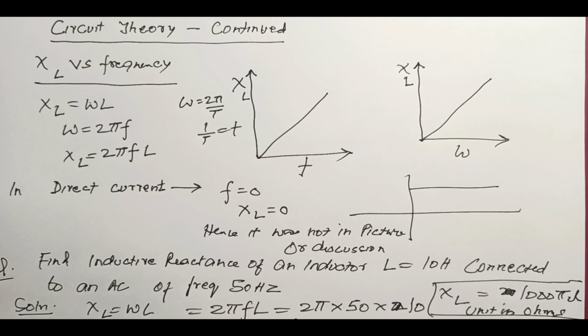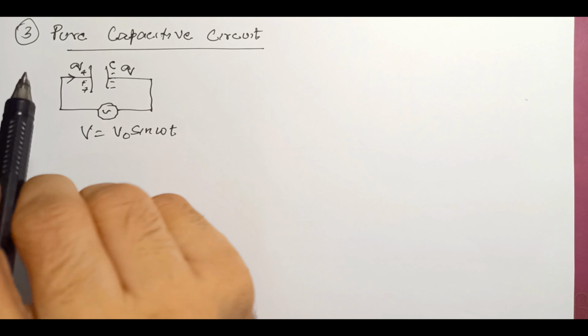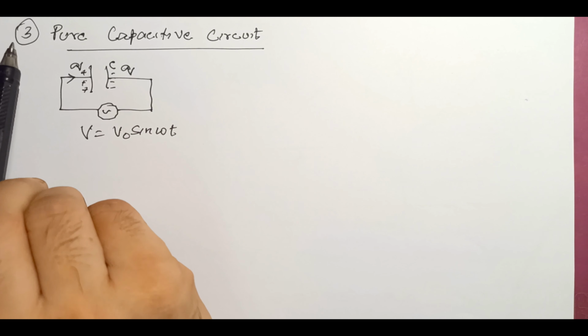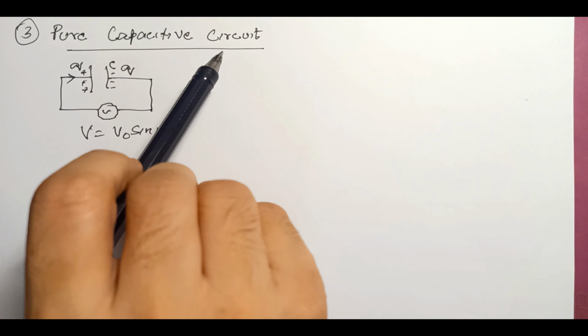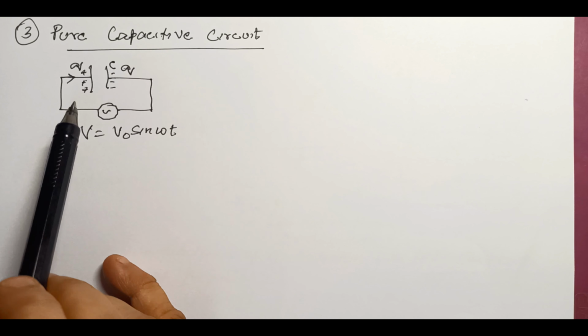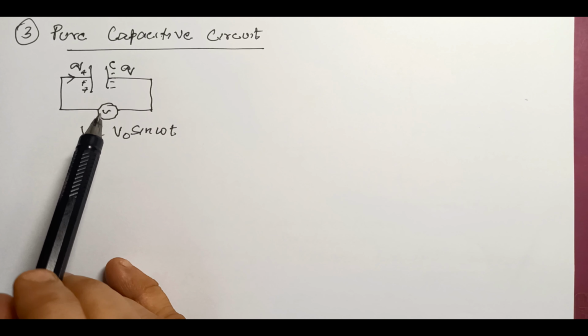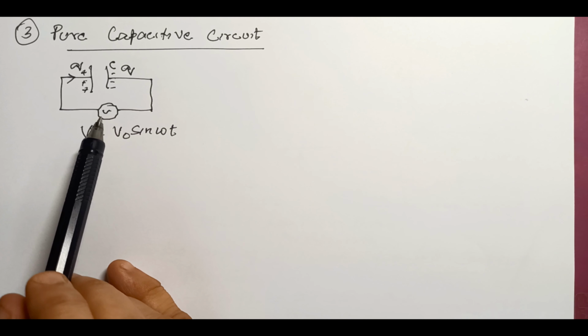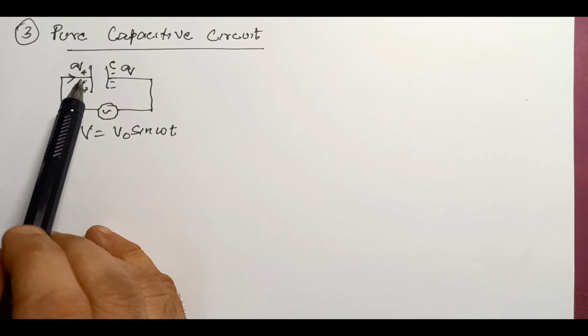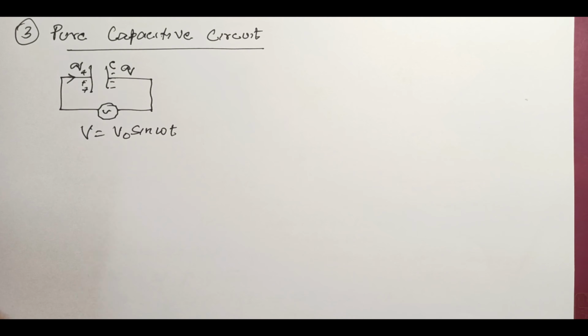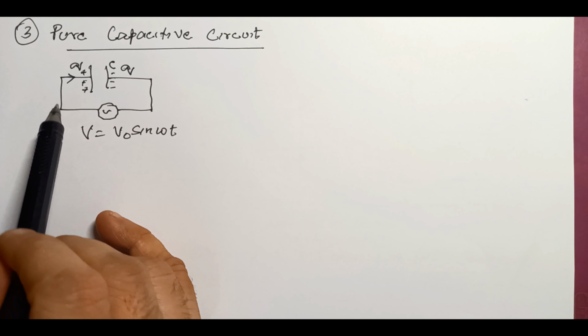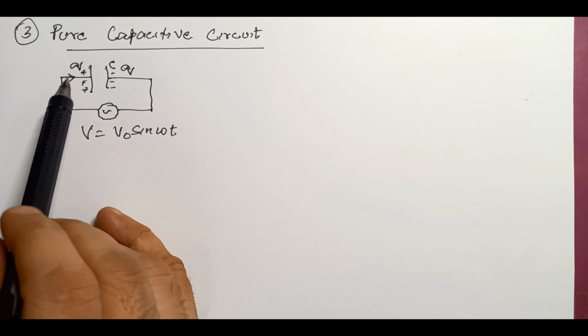Okay, very good. Now we will study, students, the third one, which is the pure capacitive circuit. I have drawn a small circuit diagram. This is the AC voltage source, and let's say this is a capacitor. In this capacitor, let's assume the direction of the current is this.